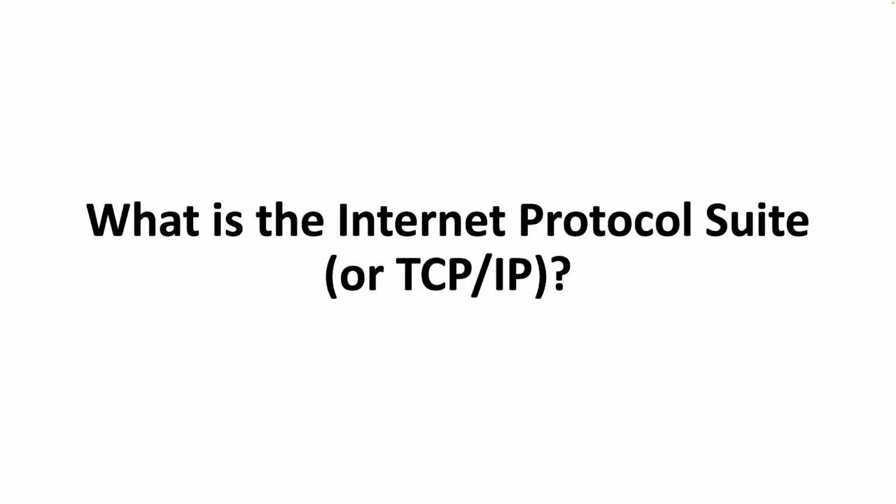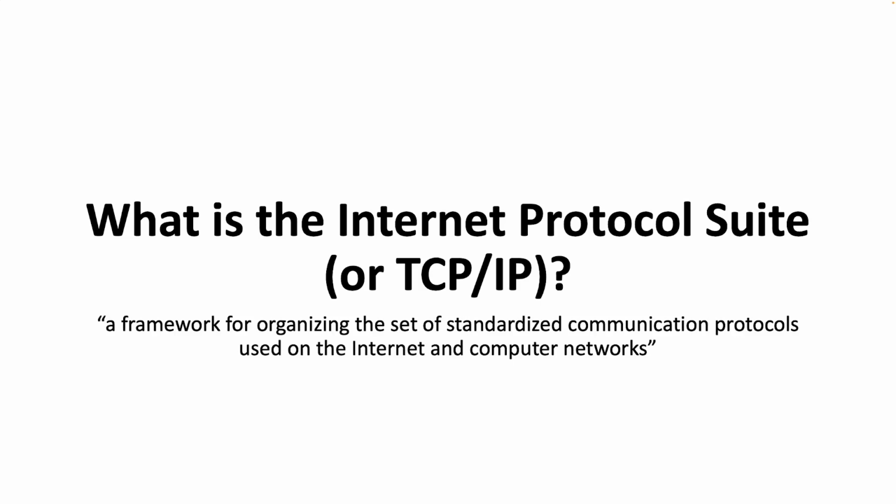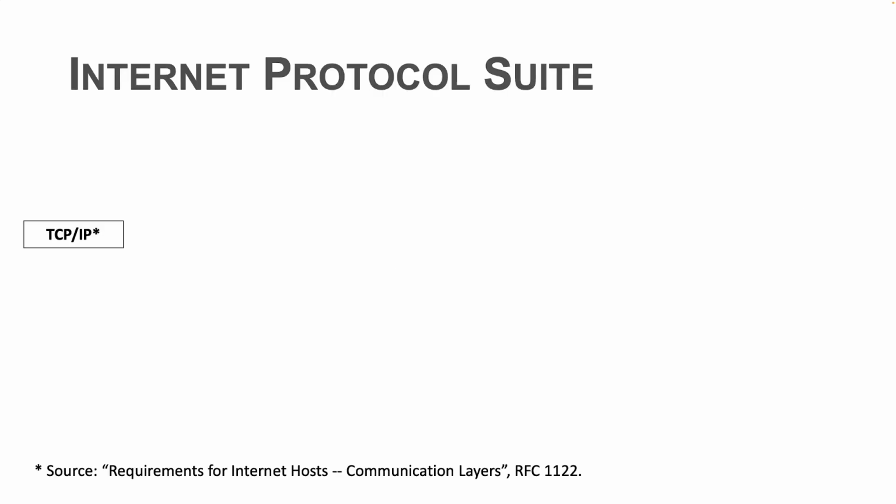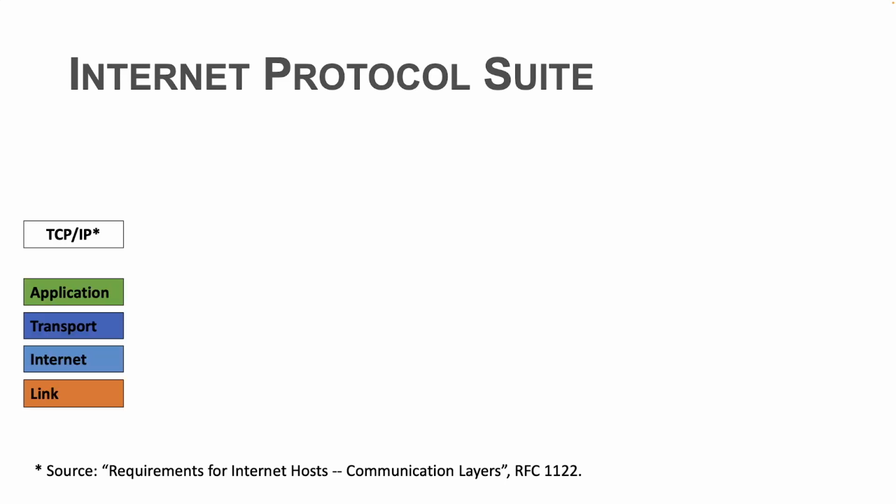Okay, first things first. What is the Internet Protocol suite, commonly known as TCP/IP? Well, it is a framework for organizing the set of standardized communication protocols used on the Internet and computer networks. Here is the original TCP/IP model.